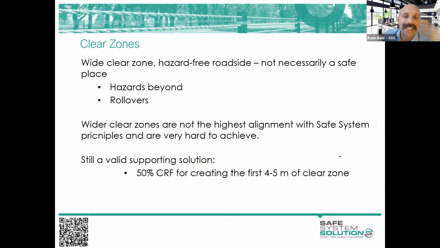So what we know about clear zones as such, so areas from the edge line out that are cleared of fixed hazards, is that the most value is in these early few metres.